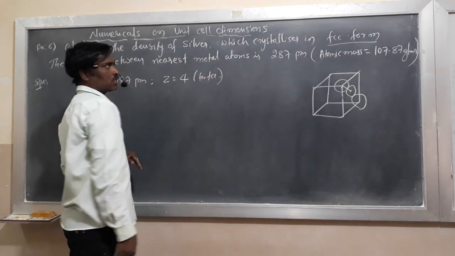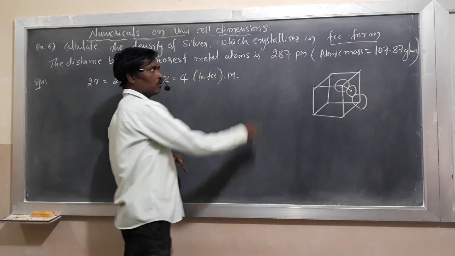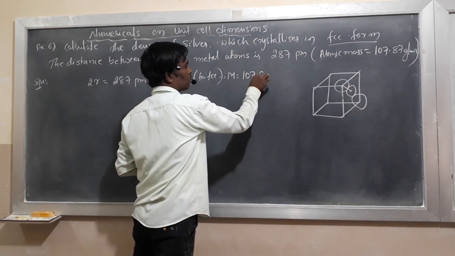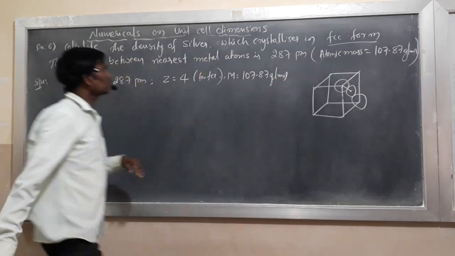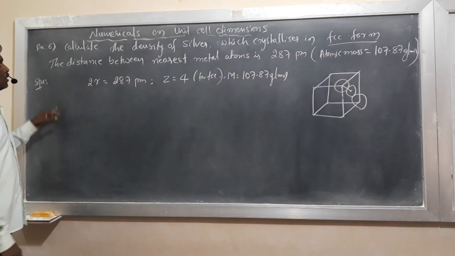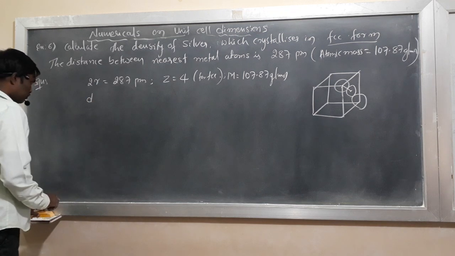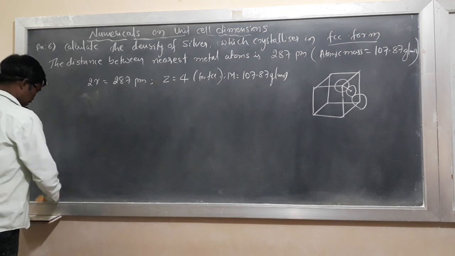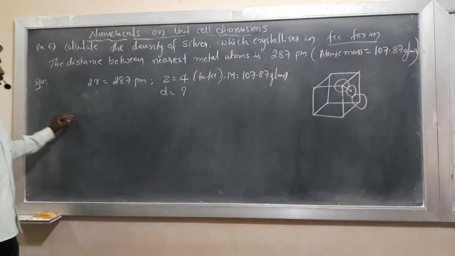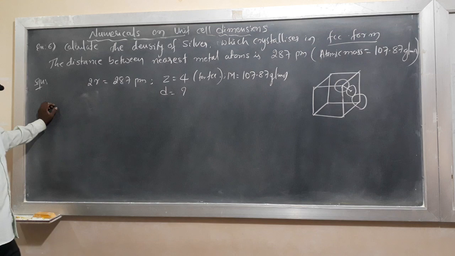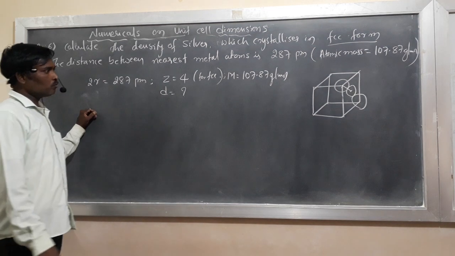and atomic mass is defined as capital M. So capital M value is 107.87 gram per mole. Then let's find the density D equal to question mark. Since we know the formula to calculate the density is Z into M divided by Na into a cube.